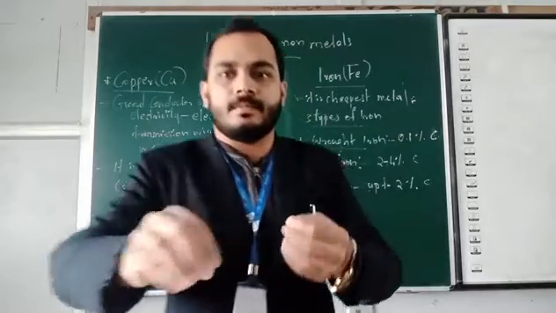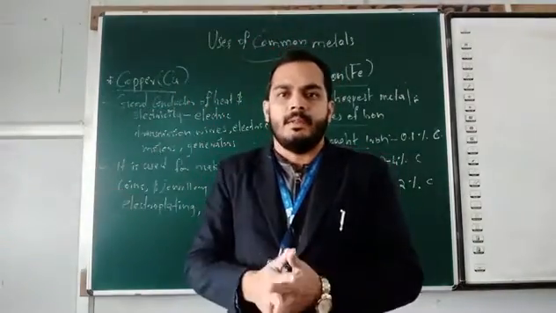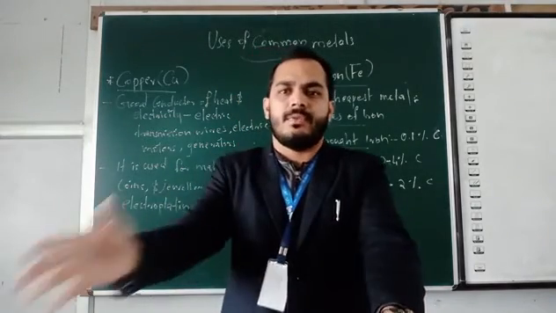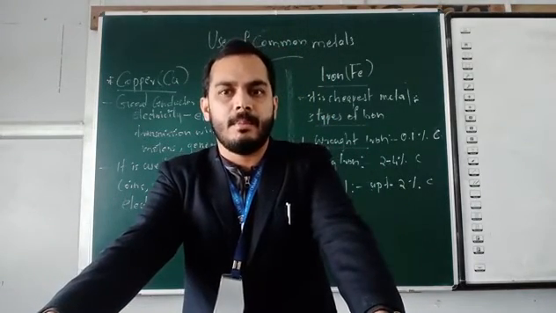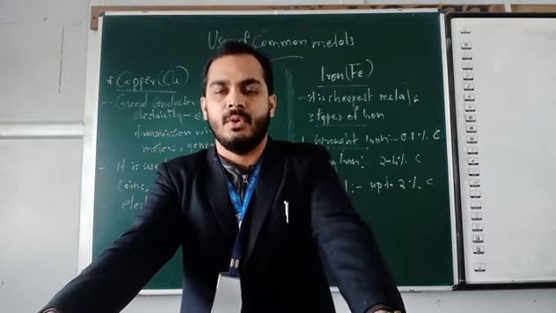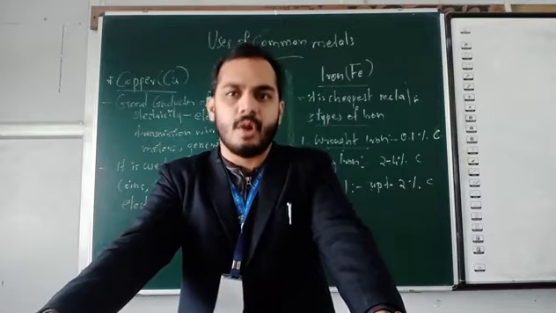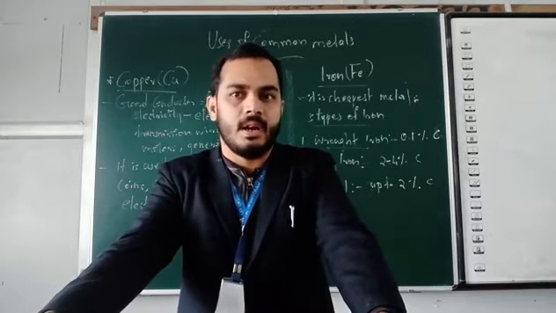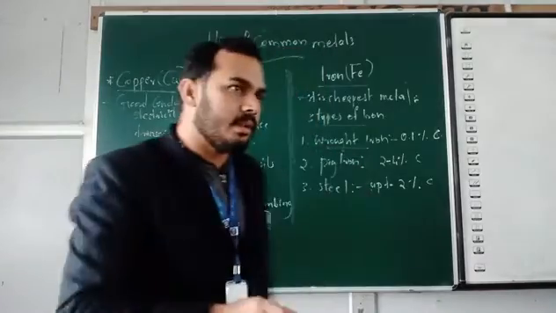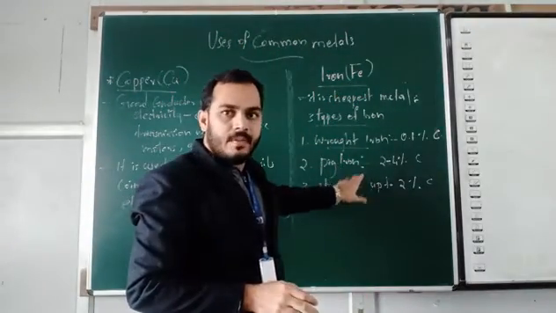By mixing different metals and non-metals, the capacity of the iron is increased. The mixing of a metal with another metal or non-metal is called an alloy. Now I am going to explain the different types of iron and their uses.